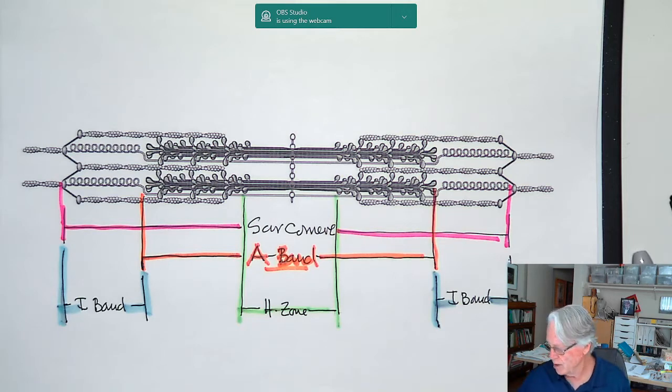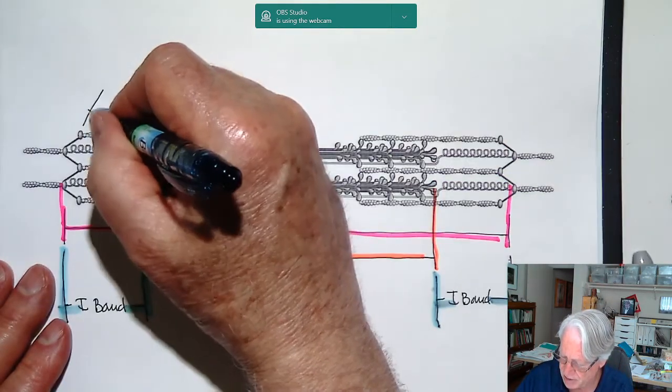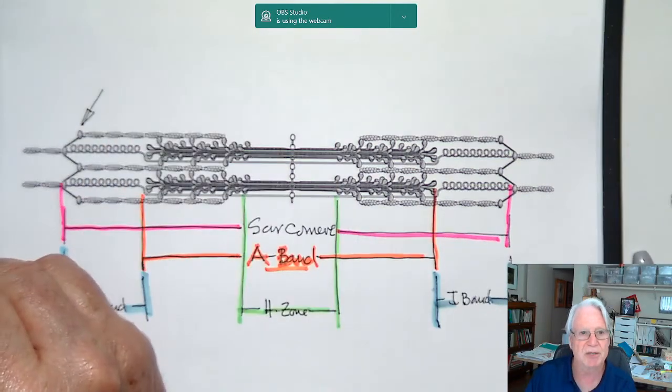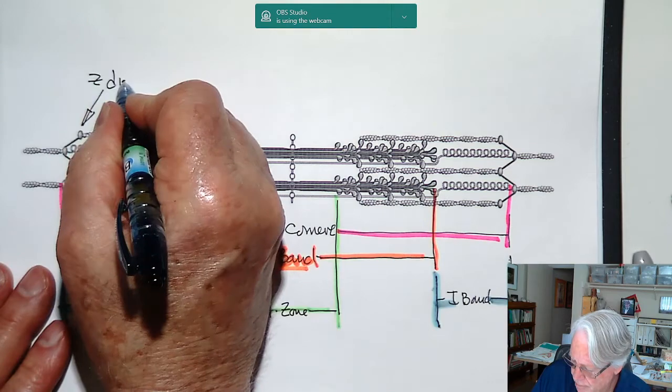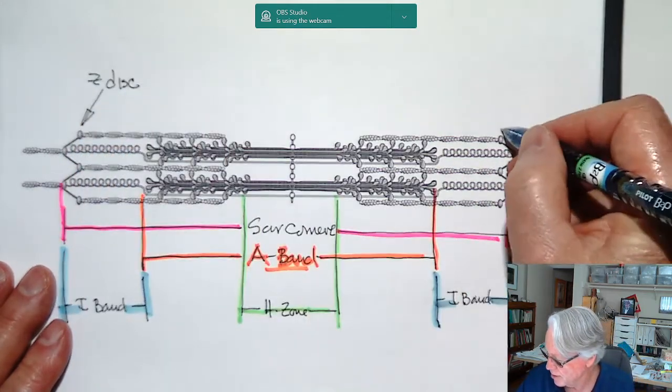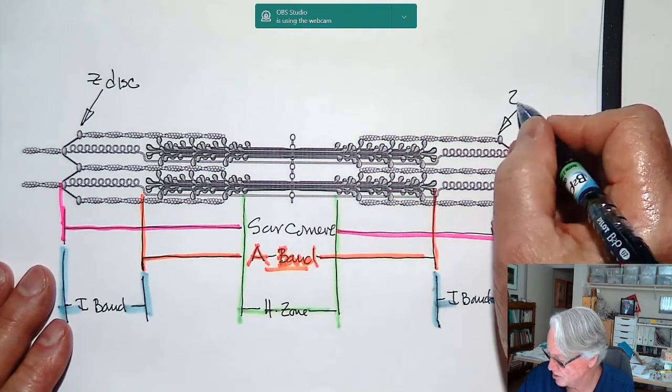Okay. Let's go ahead and identify the individual components. So that right there is going to be my Z disc. And that right there is going to be my Z disc.